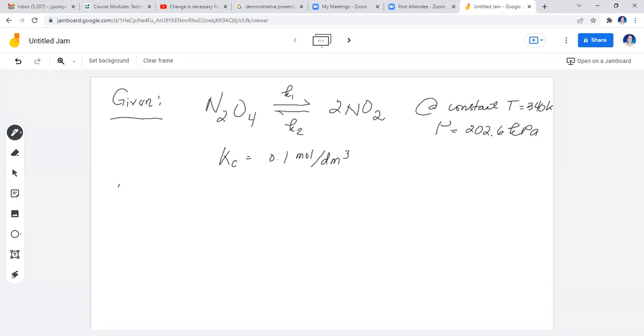We are required to determine the equilibrium conversion of nitrogen tetroxide in a constant volume batch reactor. If it's a constant volume batch reactor, V is also a constant.